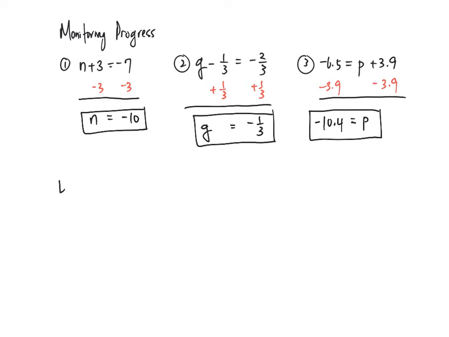Okay, next we will move on to example 2 in the book. So example 2a, we've got negative n over 5 equals negative 3. Now this one's a little bit tricky. What I would recommend here is when you have a fraction like this with a negative in front of it, you are allowed to assign that negative either to the top or to the bottom, or you could leave it in the middle.